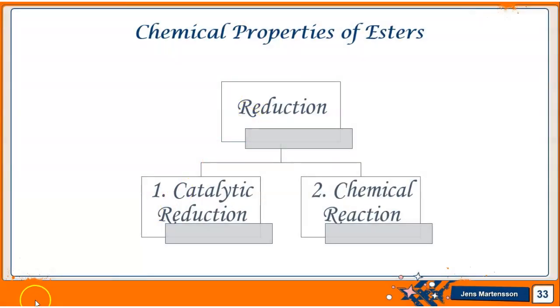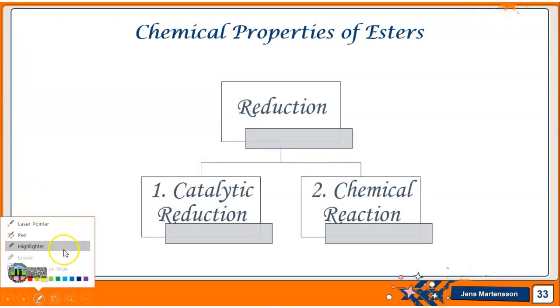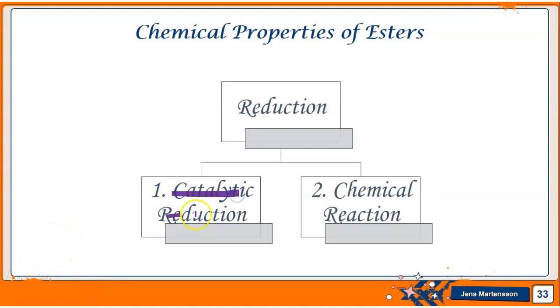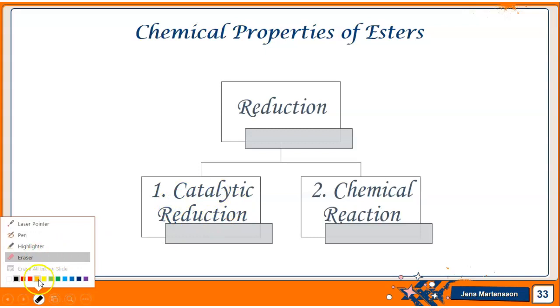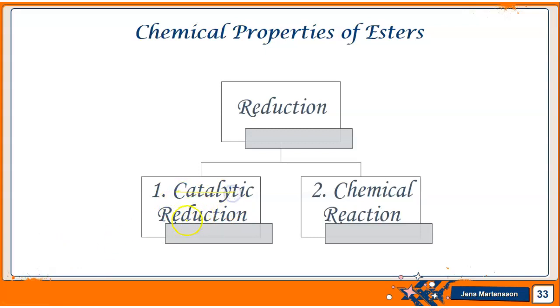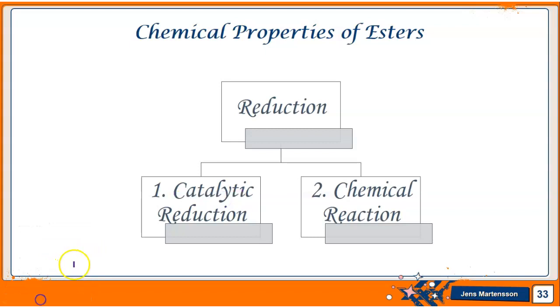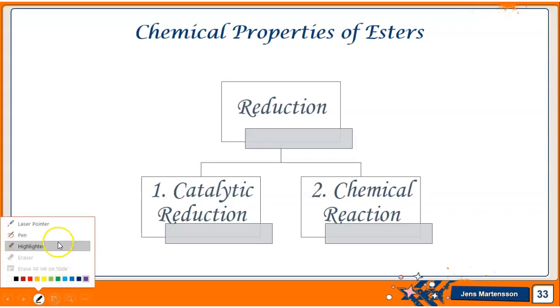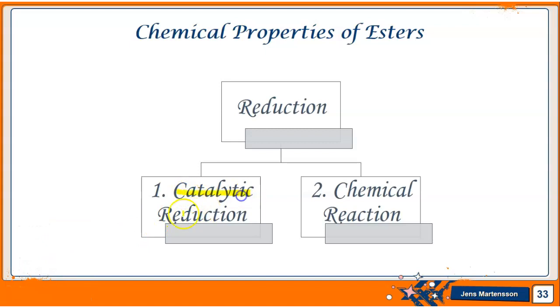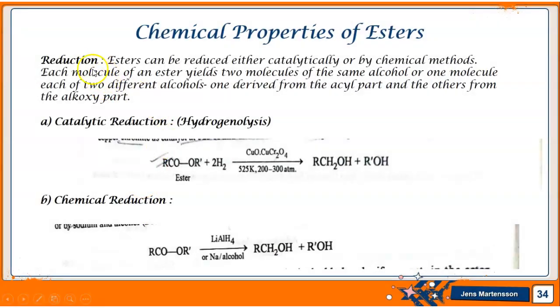And yes, in reduction also you are going to see two kinds of reduction, that is, catalytic reduction and chemical reduction. So first of all, talking about catalytic reduction, what is happening exactly?